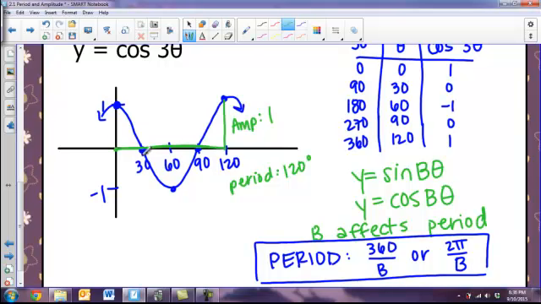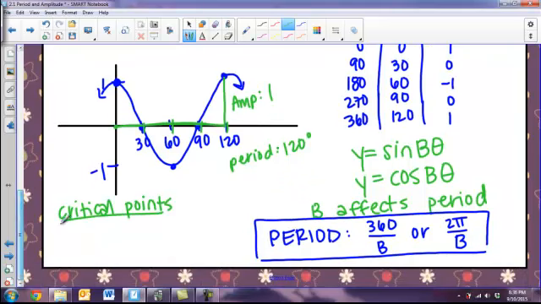Okay, now if you were looking for what are these values that go right here, because we like those critical points because it gives me an idea of where to start. Remember, your sine function starts at a middle point, then it goes to a high, goes back to middle, then it goes to low.